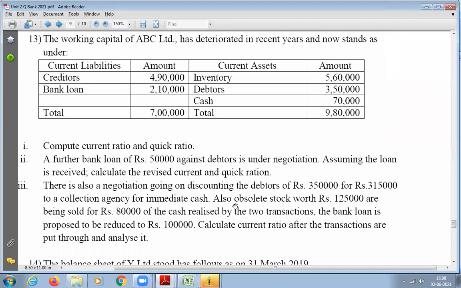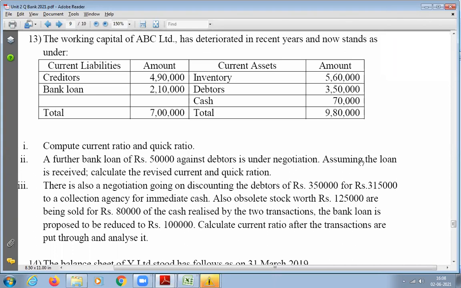And then there was some obsolete stock worth 1.25 lakhs. That means the stock is not valuable for the company now, so they are selling it. How much stock do they have now? 5,60,000.